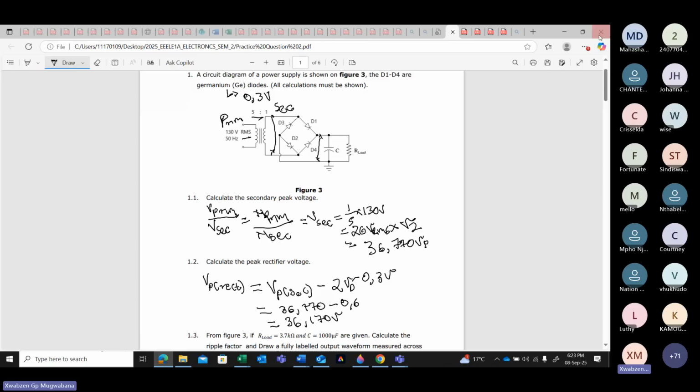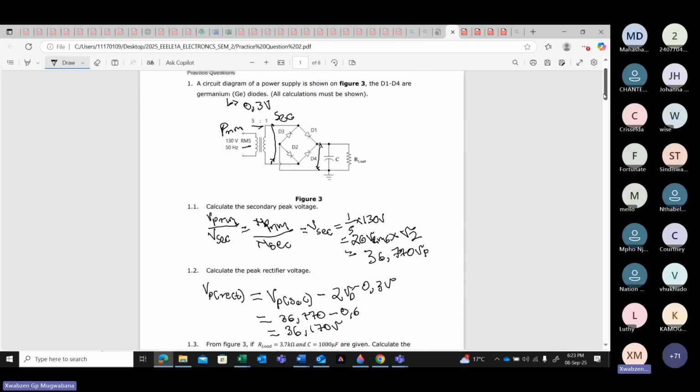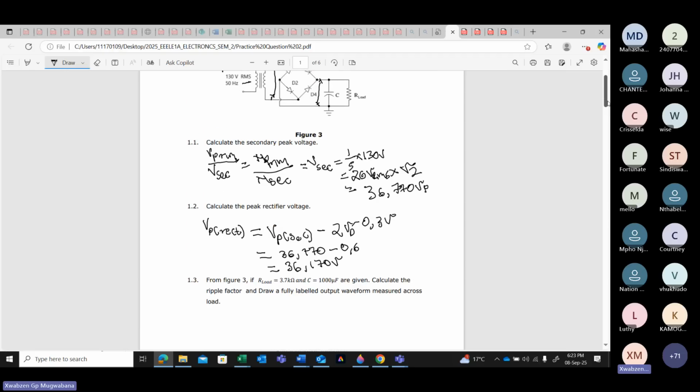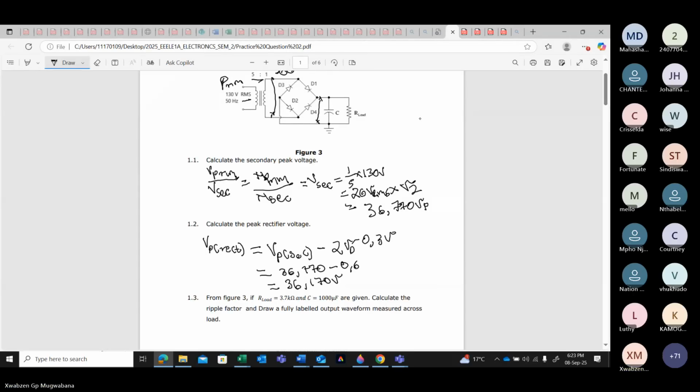Okay, good. Then we move to the next question. From figure 3, which is this figure, if R load is given by 3.7 kilo ohm, and your capacitor is given by 1000 microfarad, which means you have got given information.